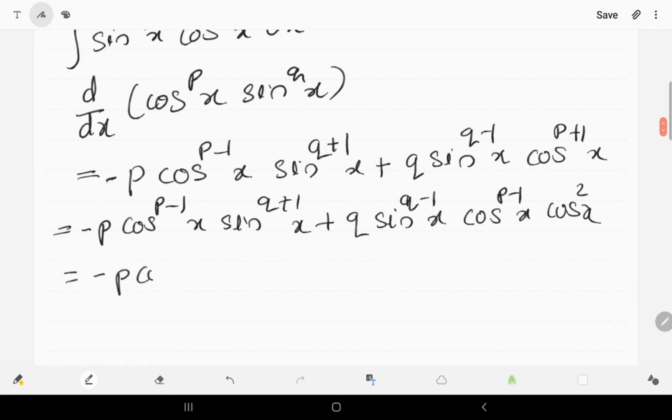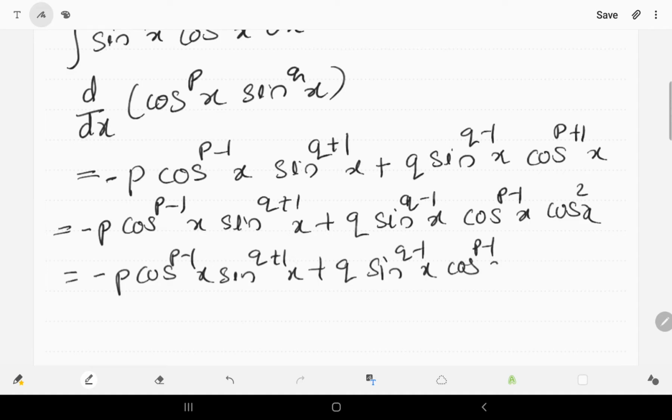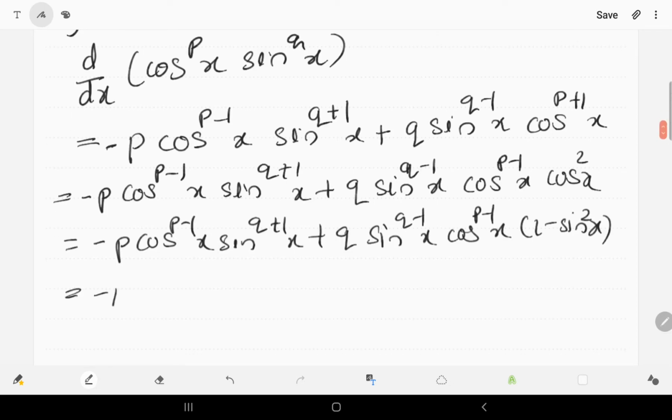So minus p cos raised to p minus 1x sin raised to q plus 1x plus q into sin raised to q minus 1x cos raised to p minus 1x into (1 minus sin square x). Then remove the bracket and simplify: minus p cos raised to p minus 1x sin raised to q plus 1x plus q into sin raised to q minus 1 cos raised to p minus 1x multiplied with 1 and then with minus sin square x.